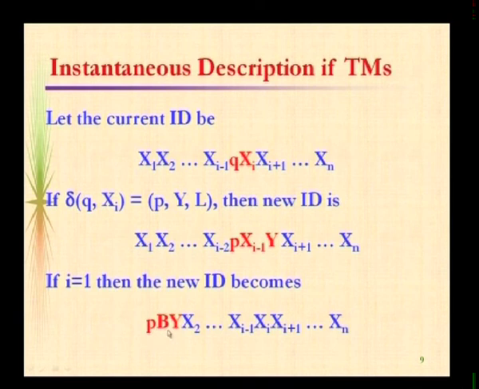So, p then b exists next to x1. Since the move is a left move, the new output is going to be p, then b, and y, which is the result of replacing x1 by y, and the rest of the contents are all the same.